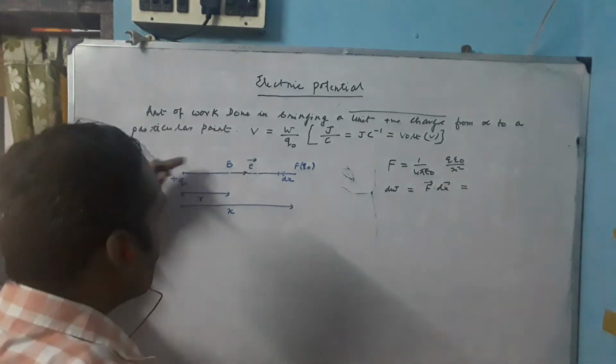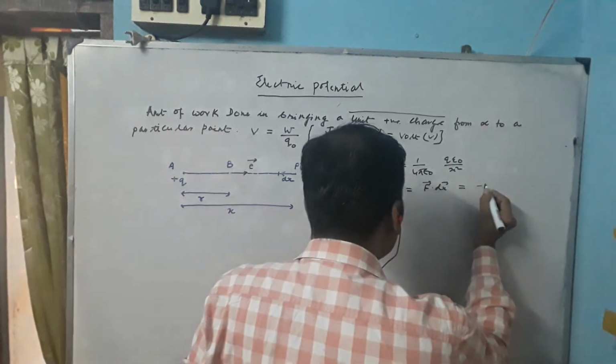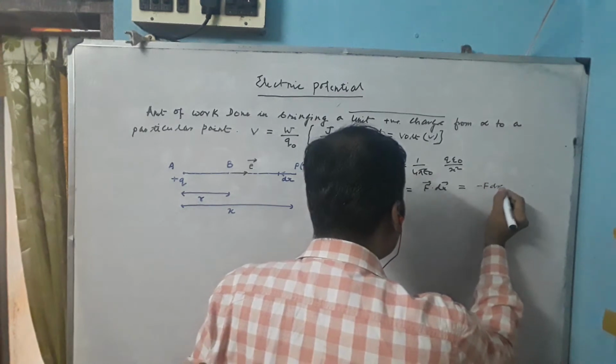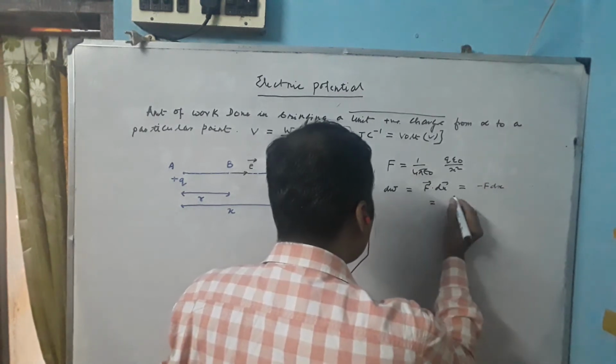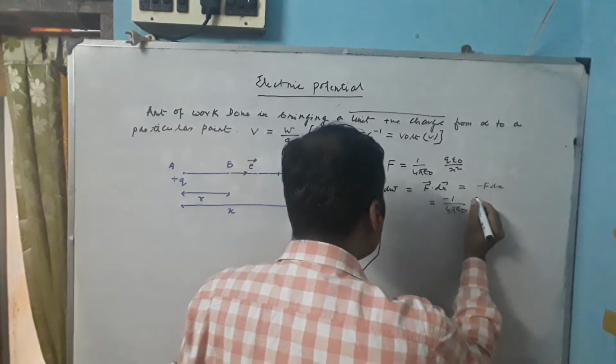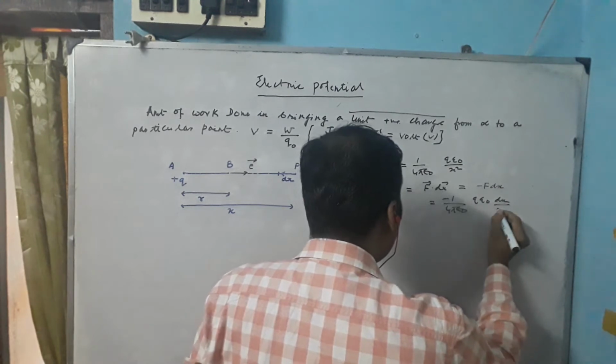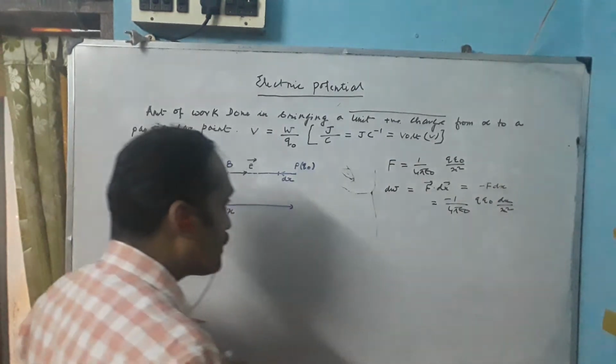Now electric force and dx, they are opposite, so you can write F dx with a negative sign. Now put the value of force. We will have this step.